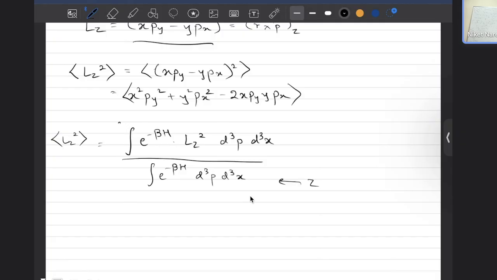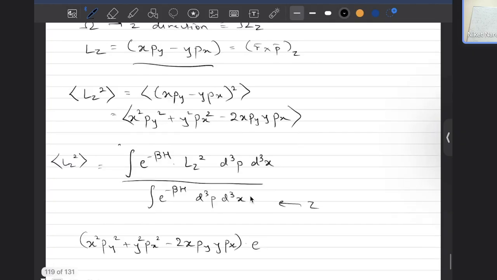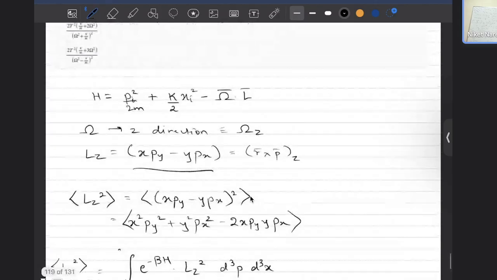In that case, what we end up with is x square py square plus y square px square minus 2 x py y px, this being my Lz square, multiplied by e raised to the power minus beta H, where H is basically this whole Hamiltonian.